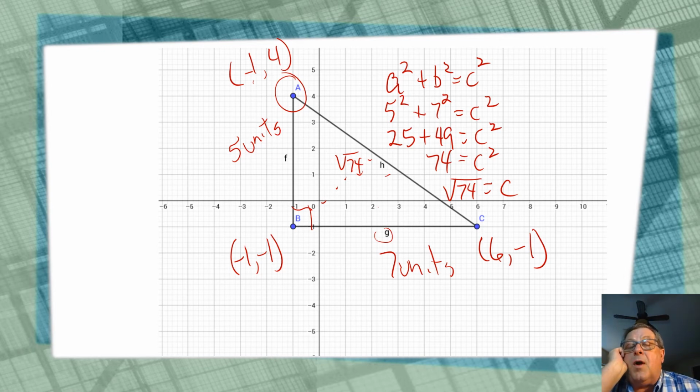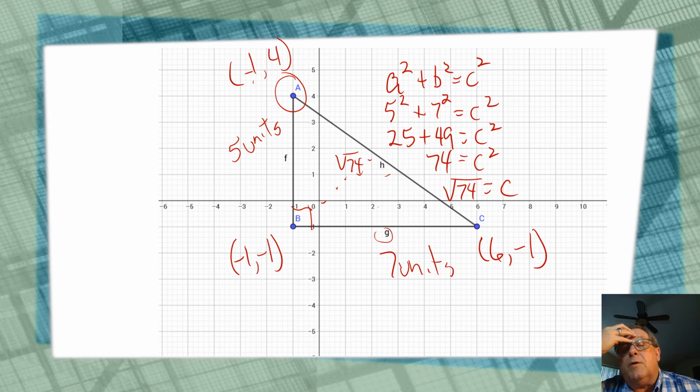Take prime numbers, square them, and see if they are divisible into 74. 2 is a prime number, and 2 squared is 4. 4 into 74: 4 times 16 is 64, which would leave 10 left over, and that's not divisible.